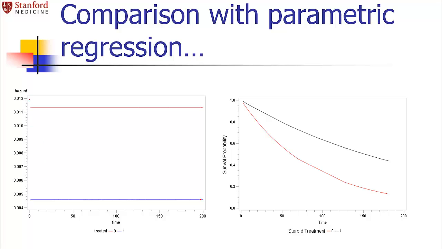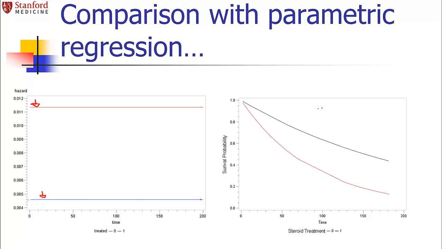So that model fit for the control group here, which is in red, the hazard rate was about 1.1% per month of time, 1.1% chance of death every month. So that was quite high compared with the steroid-treated group, which had a much lower hazard rate every month of about 0.5%.